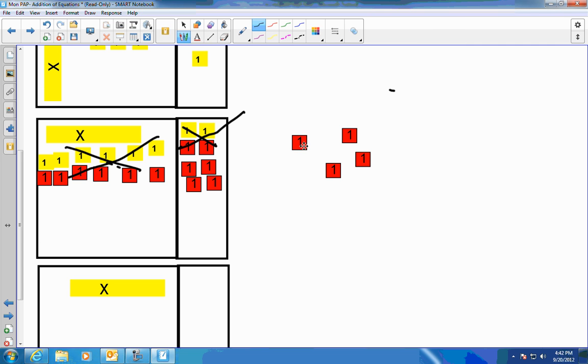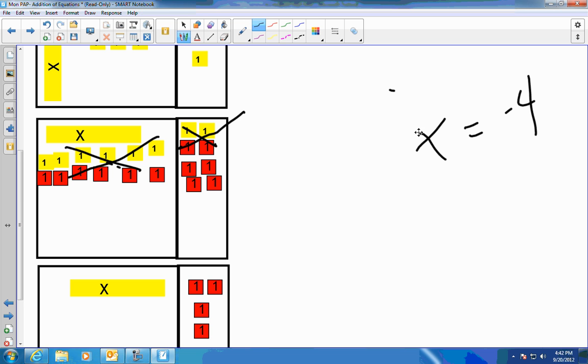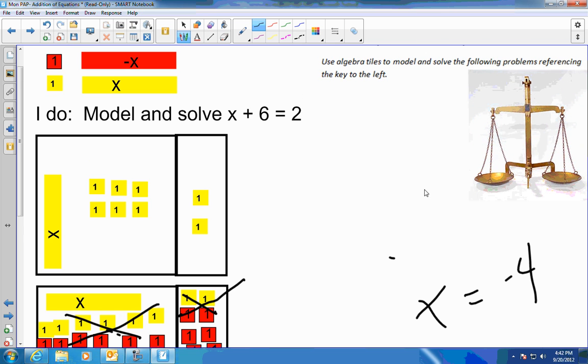I've got these 4 negatives left that go in this box. So that means my answer is x equals -4. And that should make sense because if we were to take our equation and plug in -4 plus 6, that would equal 2.